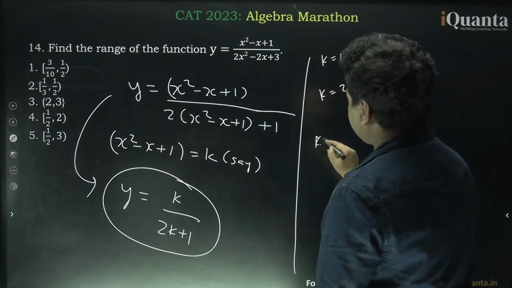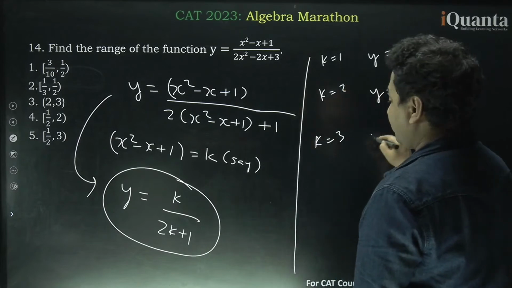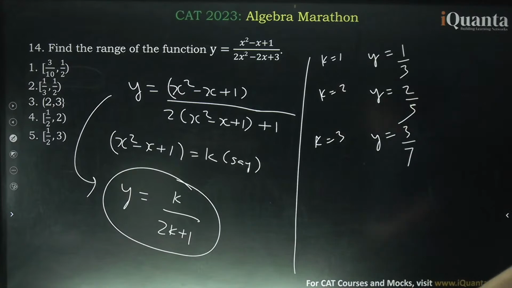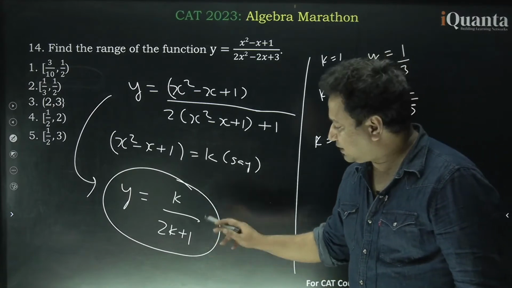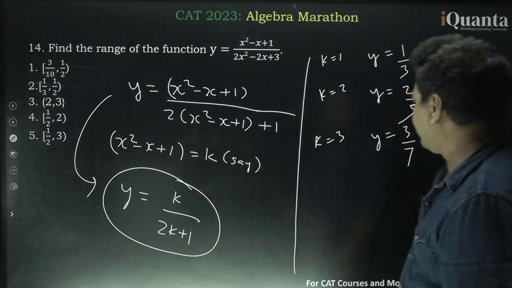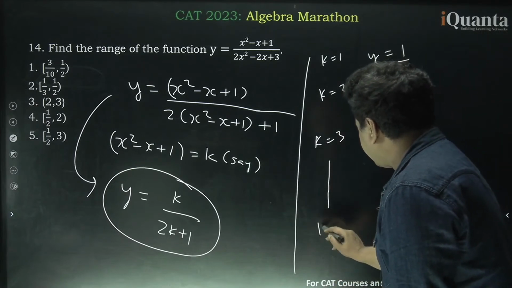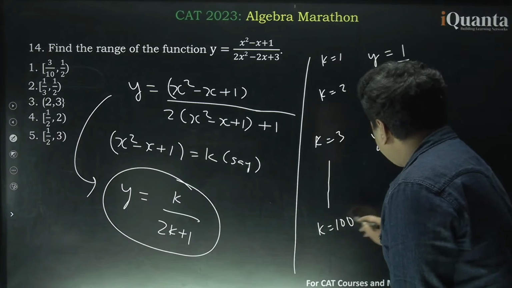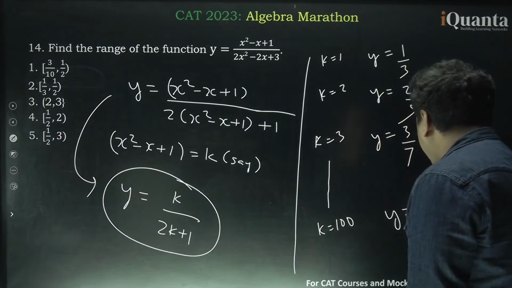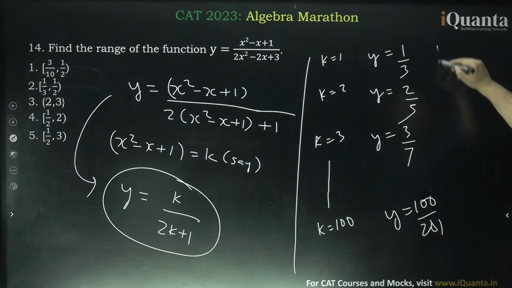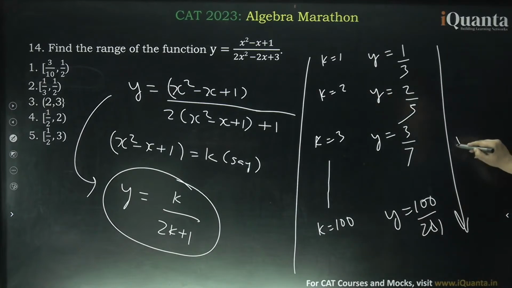If I put k is equal to 3, the value of y will be equal to 3 by 7. Like the denominator is always 1 more than the double of the numerator. If I keep on increasing k, let's say I put k is equal to 100, I'll get y is equal to 100 upon 201. So can you see that this is tending towards 1 by 2, very close to 1 by 2.